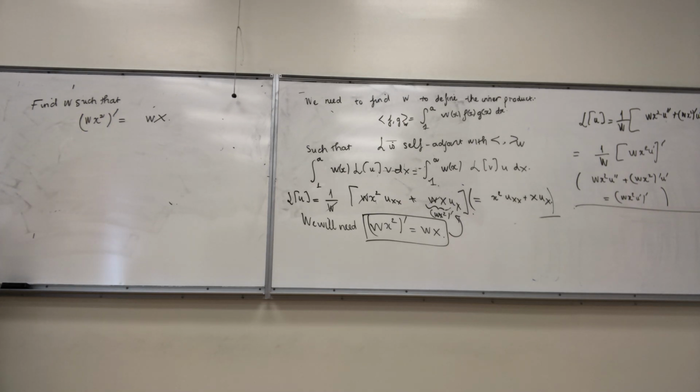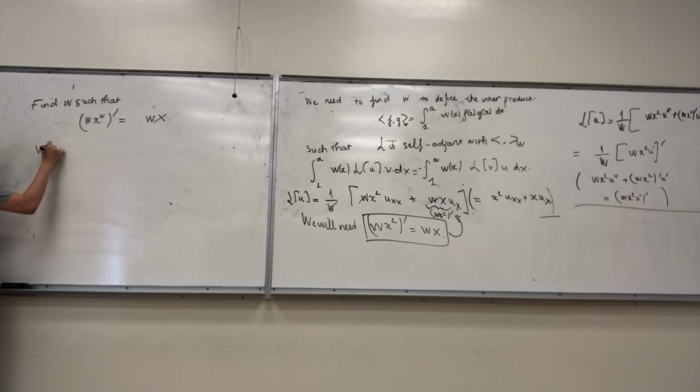Yes, the W includes the term of x. So first you have to take the derivative of this guy. Can you say it at the back of the paper, please? So you take the derivative of this guy.